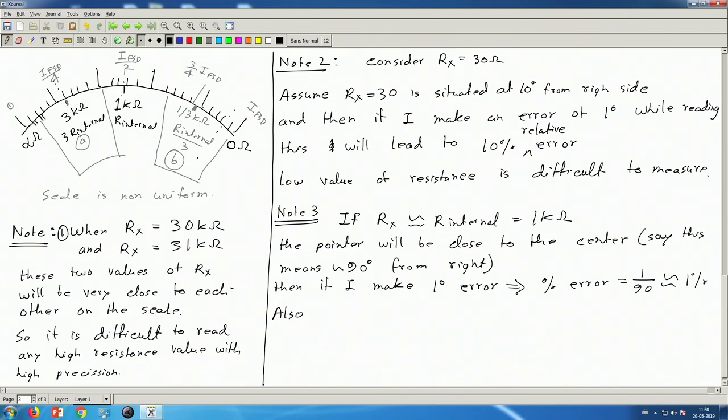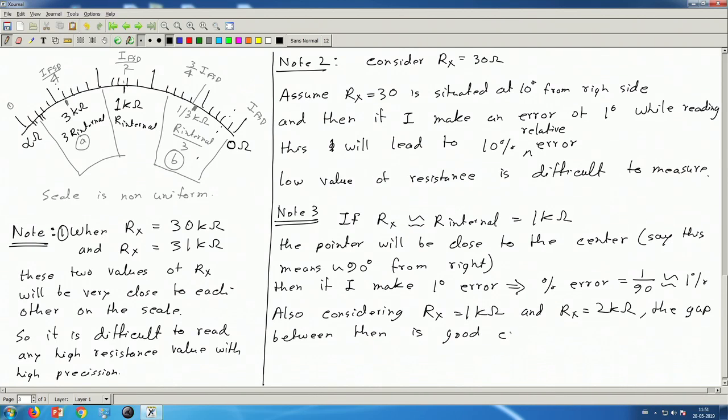Now, consider the values of 1 kilo ohm and 2 kilo ohm. Considering Rx equal to 1 kilo ohm and Rx equal to 2 kilo ohm, the gap between them is good enough. 1 kilo ohm is here, maybe 2 kilo ohm will be somewhere here between 1 and 3.